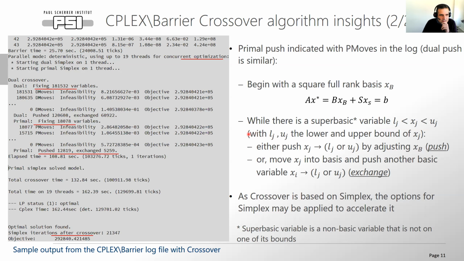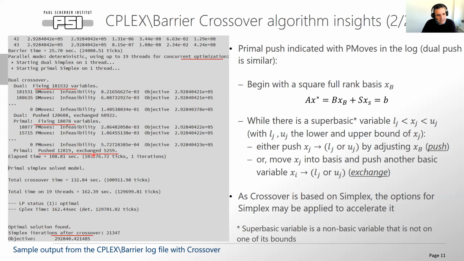So what the crossover with the push does is that either it pushes this variable to go to one of the two bounds, which is what we saw here as pushed, or it cannot push this variable, which means that this variable needs to be in the basis. In that case, it exchanges this variable, xj, with another variable, xi.